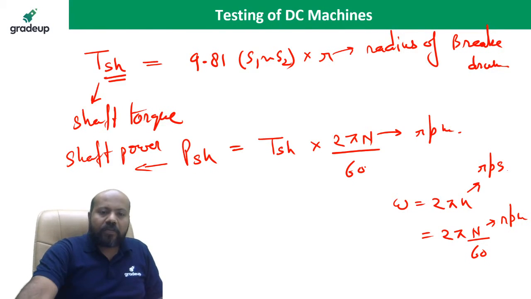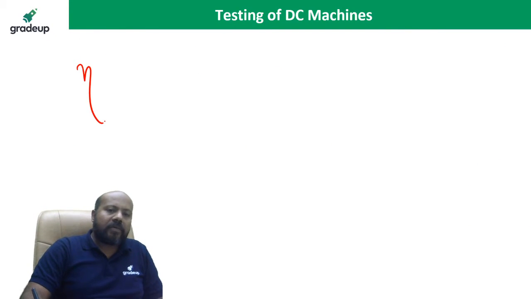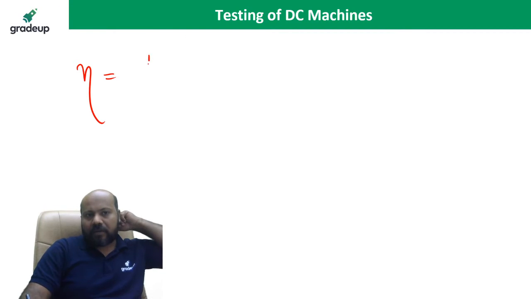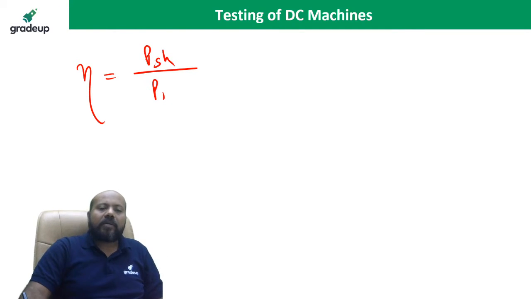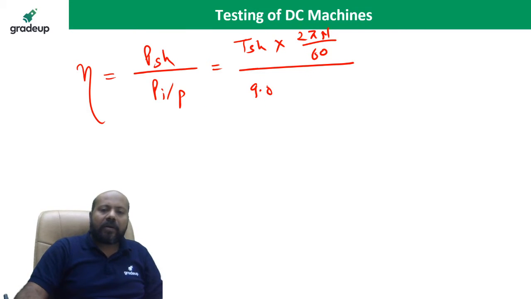Now if you have the output at the shaft and if you have the input, then very easily you can write the efficiency. Efficiency is going to be P shaft upon P input. P shaft you have just calculated as shaft torque multiplied by the angular speed, and input power is V into IL.